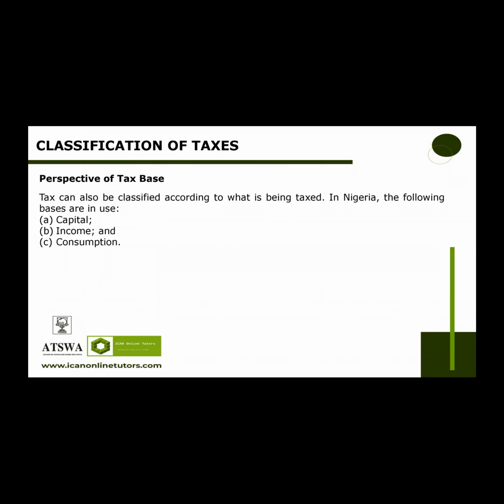Okay, so let's look at the perspective of distribution of tax burden. The following can be identified: the proportional tax. In the proportional tax, the taxpayer pays the same percentage of income as tax.